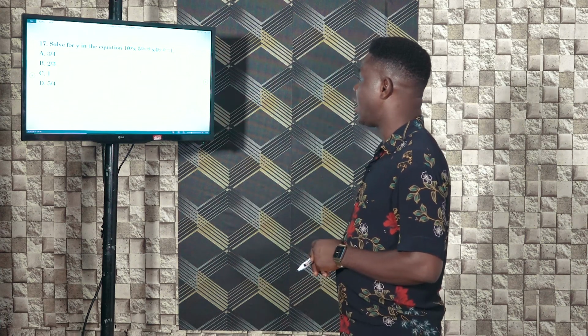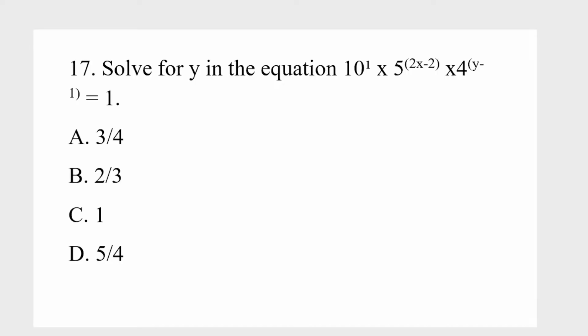Question 17. Solve for y in the equation 10 all raised to the power y times 5 all raised to the power 2x minus 2 times 4 all raised to the power y minus 1 equal to 1.